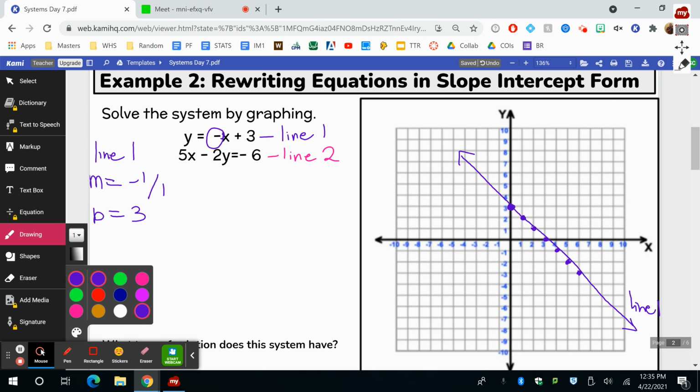Now on to line 2. For line 2, I need to solve for y first because it's not in slope-intercept form. So it's harder to see what the slope is and what the y-intercept is. So I'm going to subtract 5x from both sides, which gives me, this is a zero pair, so it goes out. So I got negative 2y is equal to negative 5x minus 6.